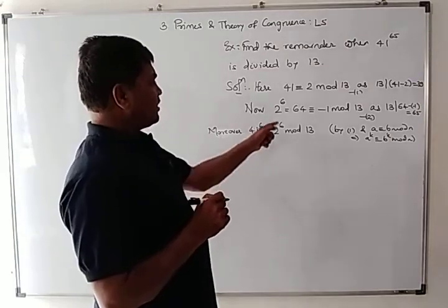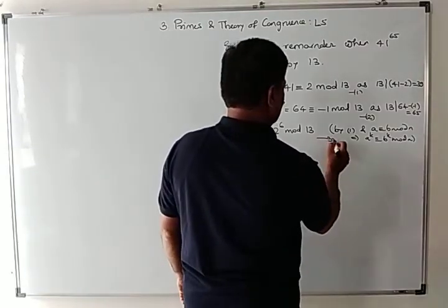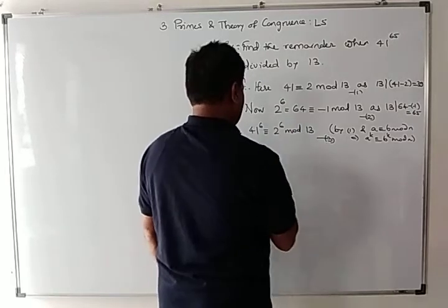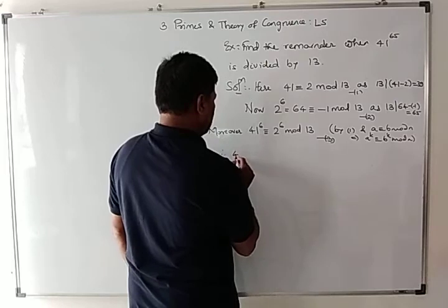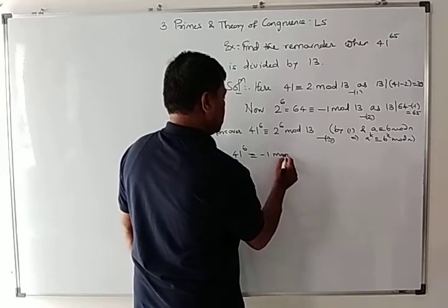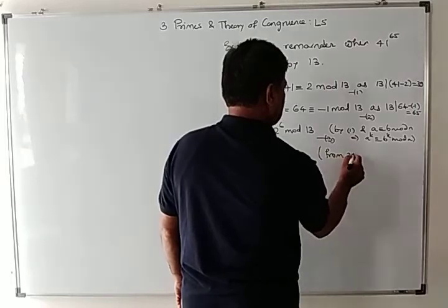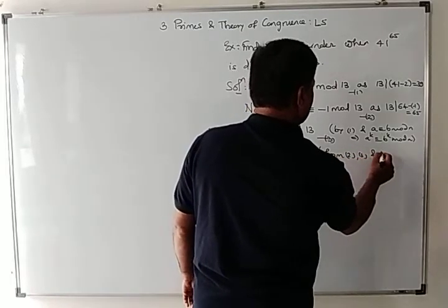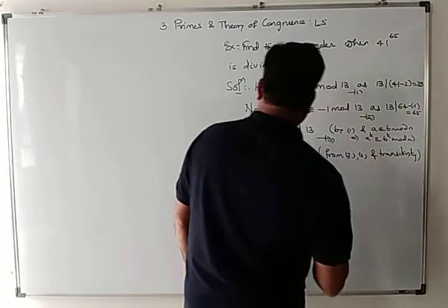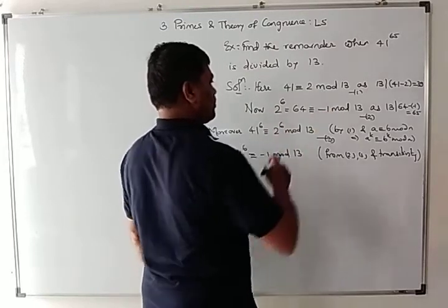So 41 raised to 6 is congruent to this, from 2 and 3 now. A is congruent to B mod n, B is congruent to C mod n, okay, we will get, therefore 41 raised to 6 is congruent to minus 1 mod 13, from 2, 3 and transitivity. 41 raised to 6 is congruent to 2 raised to 6 mod 13, but 2 raised to 6 is congruent to minus 1 mod 13.